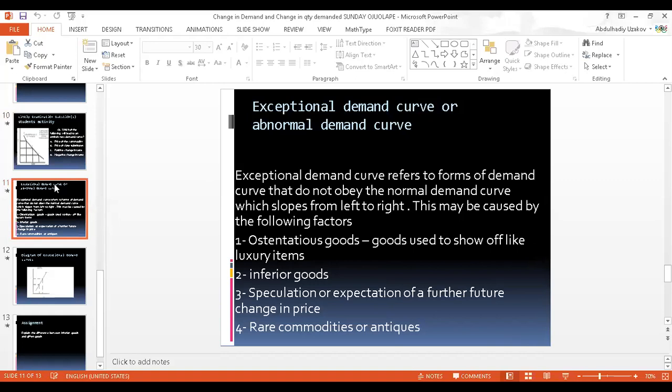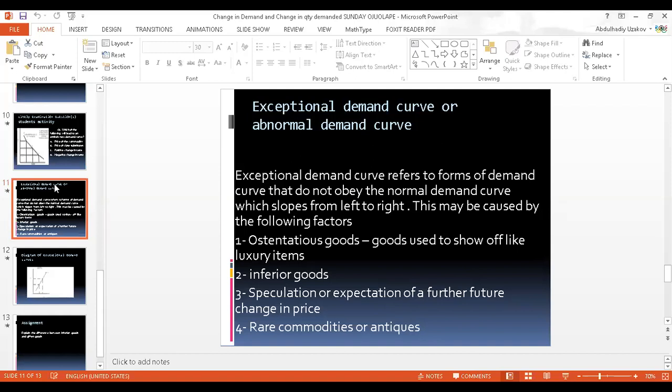Now, we have what you call exceptional demand curve, also referred to as an abnormal demand curve. The word exceptional or abnormal is a kind of deviation.